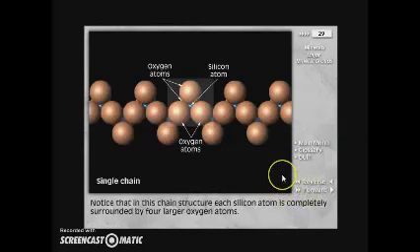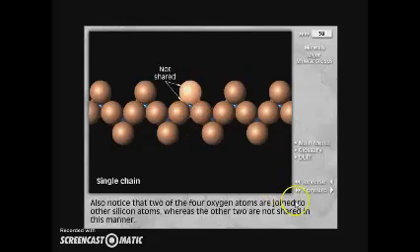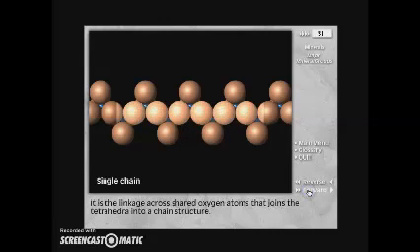Notice that in this chain structure, each silicon atom is completely surrounded by 4 larger oxygen atoms. Also notice that 2 of the 4 oxygen atoms are joined to other silicon atoms, whereas the other 2 are not shared in this manner. It is the linkage across shared oxygen atoms that joins the tetrahedra into a chain structure.